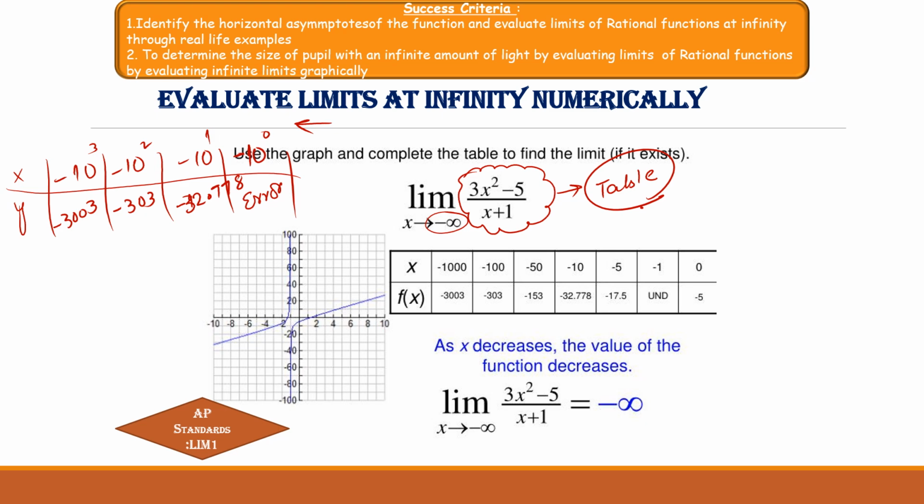None of the numbers is stable. The numbers are jumping from 30s to 300s, then to 3000s, with the negative sign. It means the numbers are decreasing from right to left for the y values. So your answer will be negative infinity.